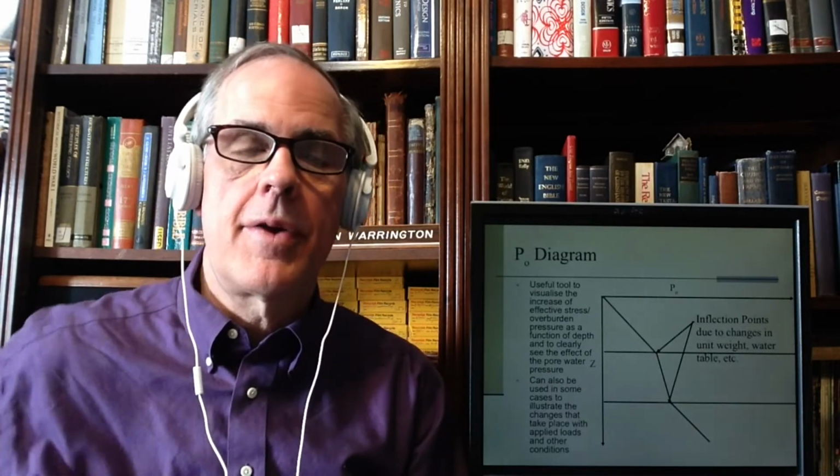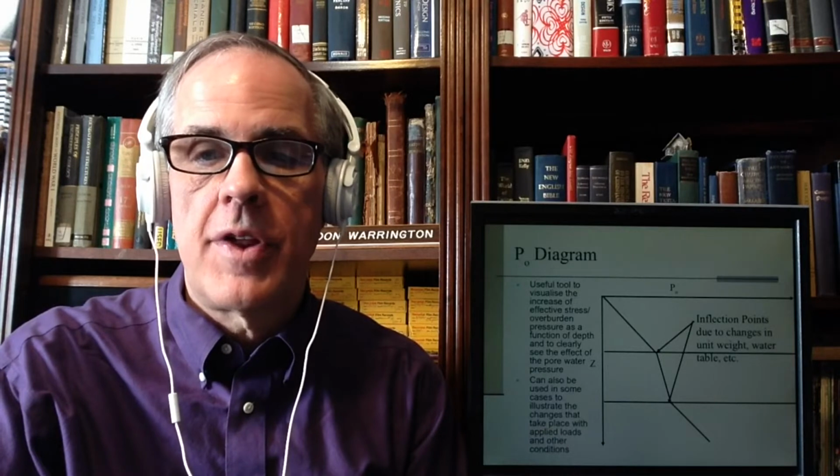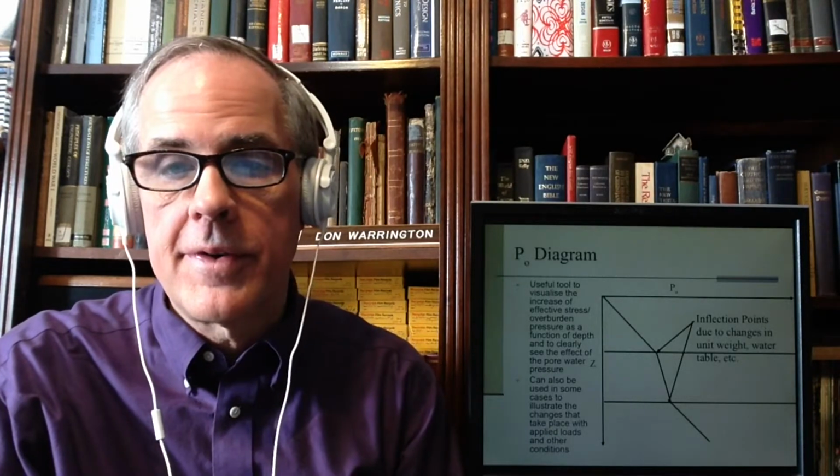To put all this together, we'd have to do something called a P-naught diagram. And the P-naught diagram is based upon the name that the FHWA has given it, and that's what we're going to call it. It's useful to visualize effective stresses, total stresses, pore water pressures, everything.